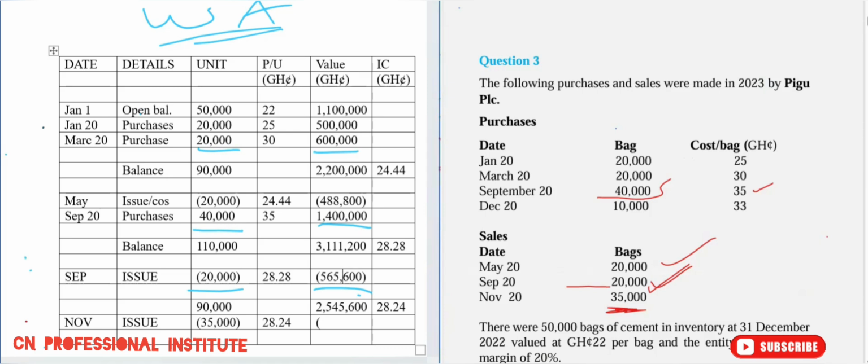Okay, so let me punch my calculator and confirm. So 20,000 times 28.28. Yes, it's 565,600. Okay, then when you subtract it, you get the 254,600. So it's this one rather, that will give us the 989,800.